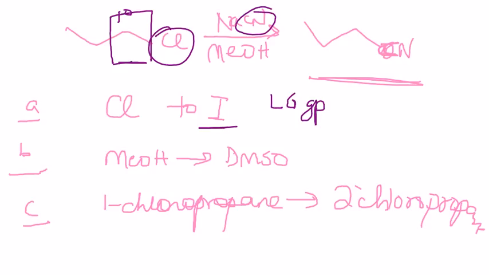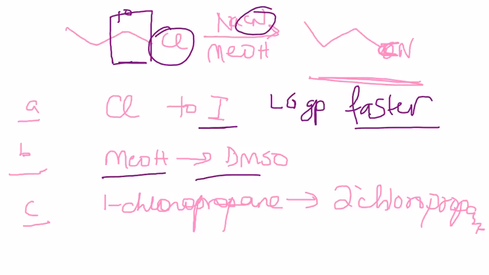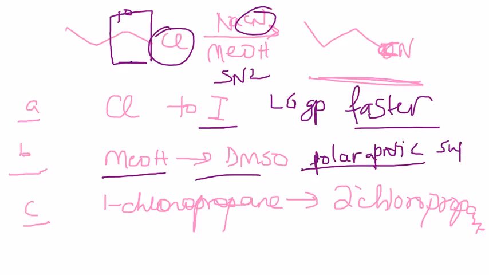So you would say that it is going to become faster, a tad bit, for that reason. The next one is that you're switching the methanol to DMSO. Realize if it's an SN2 reaction mechanism, then DMSO, which is a polar aprotic solvent, is going to support the SN2, and so that will be a fast reaction as well.